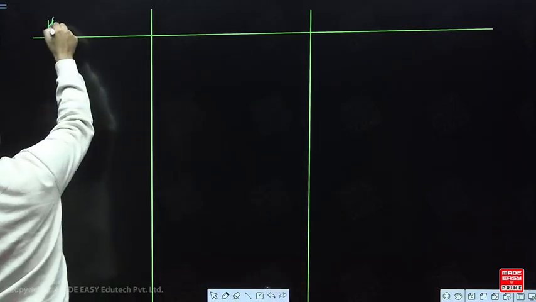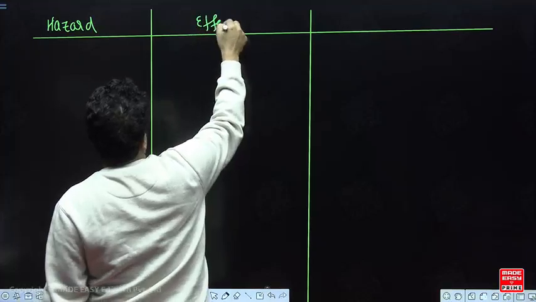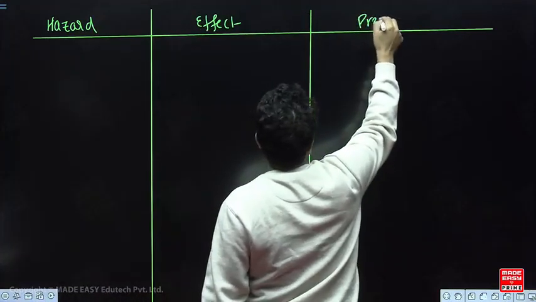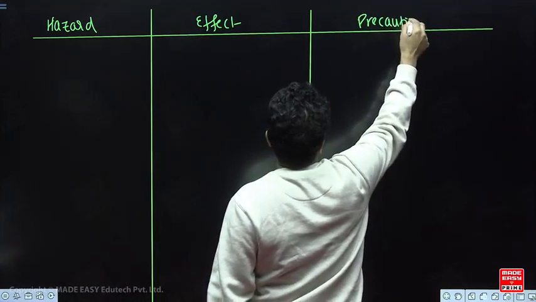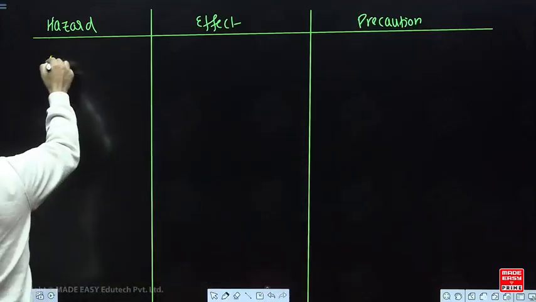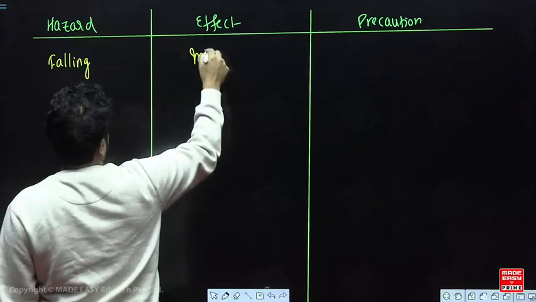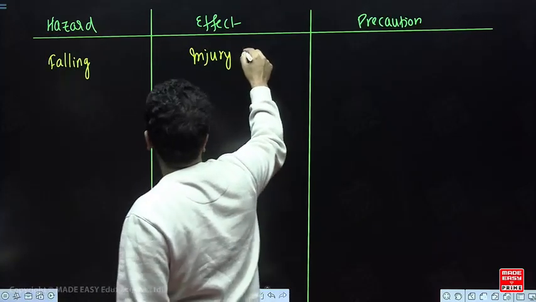Now see, hazard, effect and precaution, correct? The first hazard is falling, गिरना, effect: injury or death.